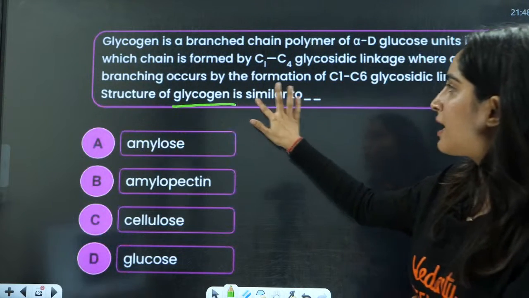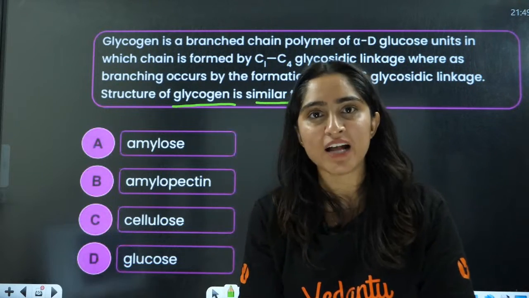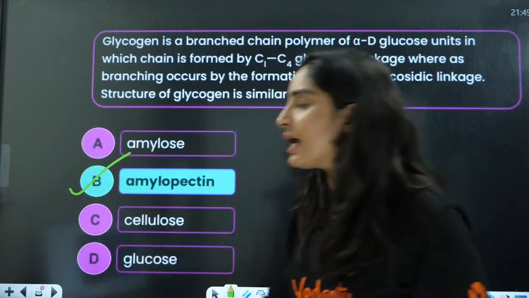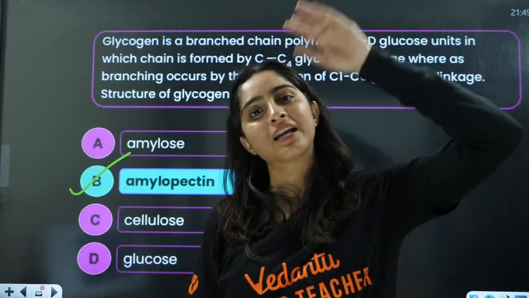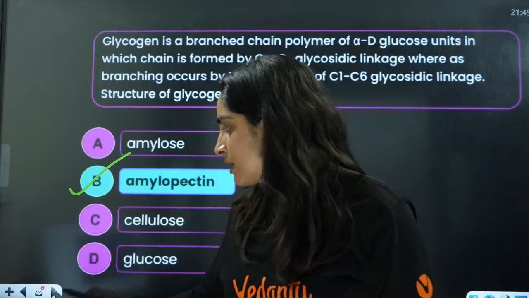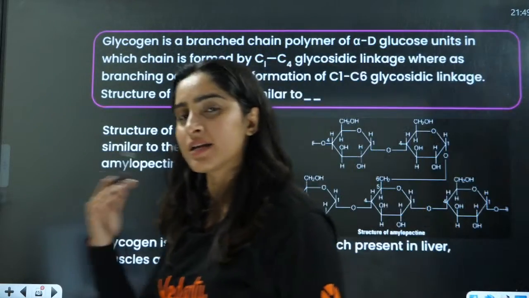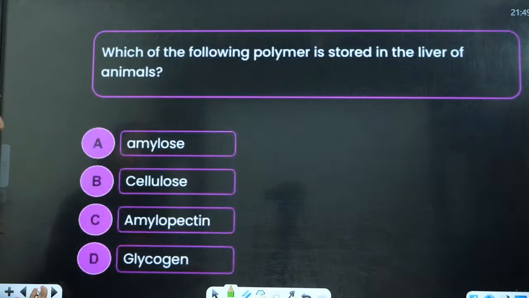Structure of glycogen is similar to which one? The correct answer here is B, amylopectin. Amylopectin has less branching. Glycogen has more branching. Otherwise the structure is similar, just with more complex branching in case of glycogen.